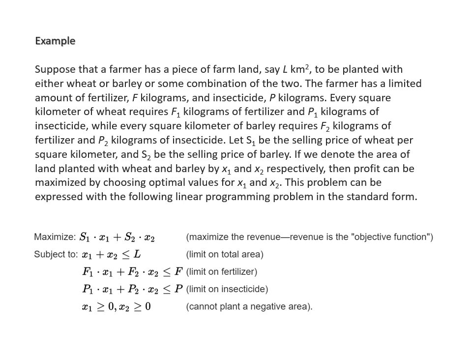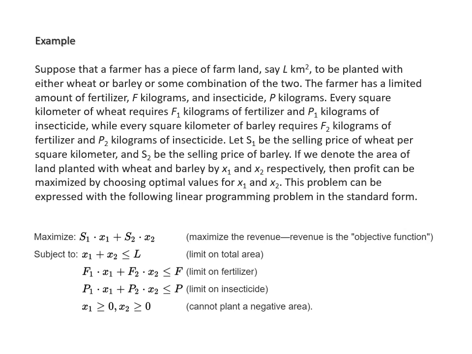And we know that every square kilometer of wheat that he plants, he's going to require a certain amount of fertilizer, F1, and a certain amount of insecticide, P1. And for every square kilometer of barley he plants, he's going to require F2 kilograms of fertilizer and P2 kilograms of insecticide.